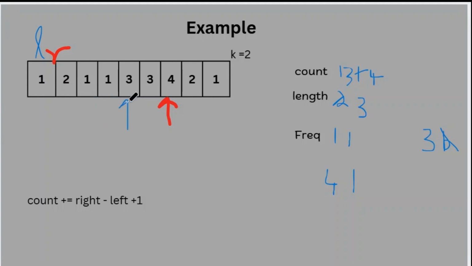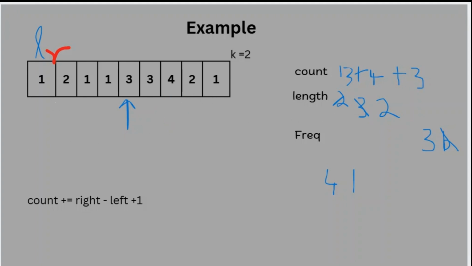Left will be pointing towards 3, and the frequency of 1 will be reduced to 0. So now we have to delete this element. When this is deleted, length will be changed to 2. Now there is no issue, so we are going to add to the count variable, which is plus 3 in this case.